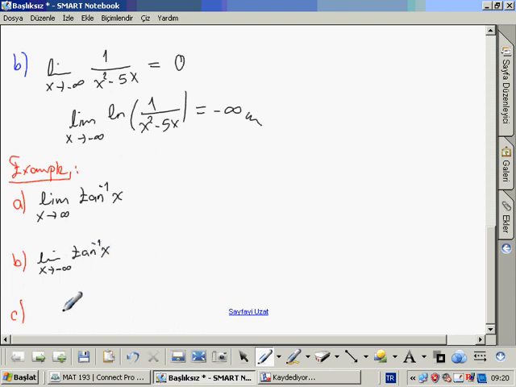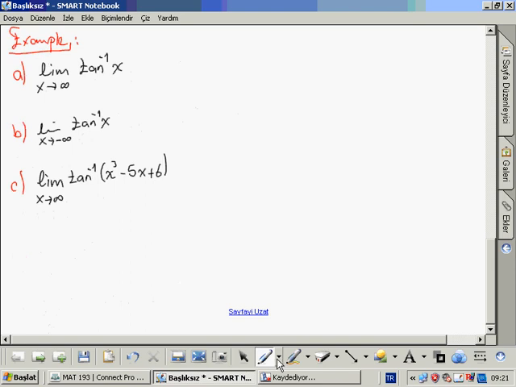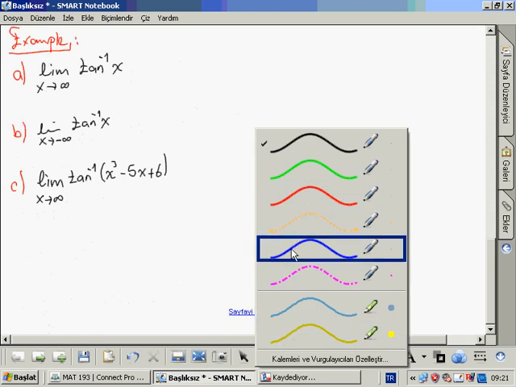And the last one is the limit as x goes to infinity of inverse tangent of x cubed minus 5x plus 6. Let's evaluate all of them.